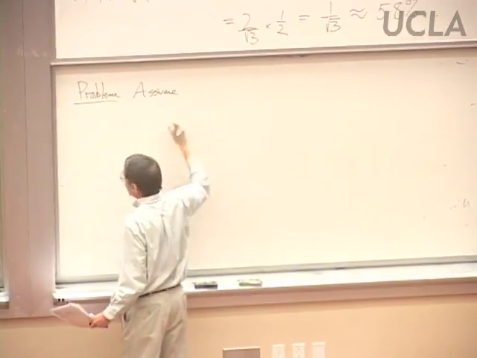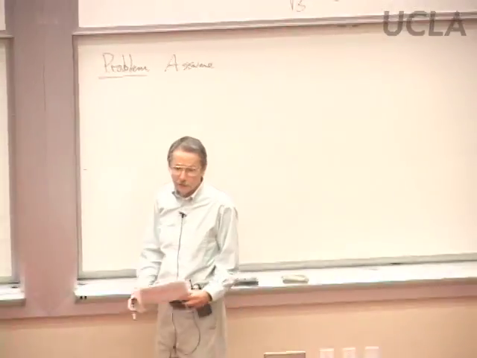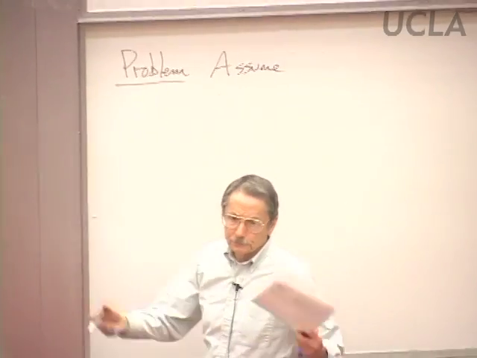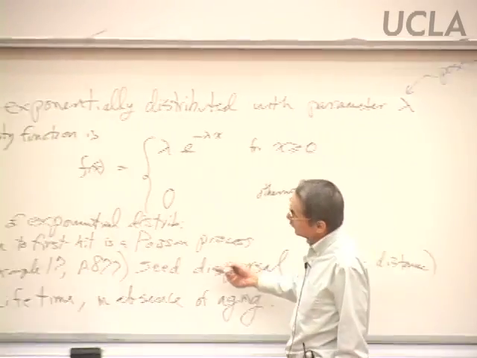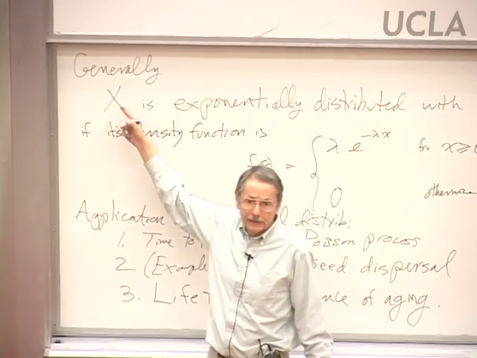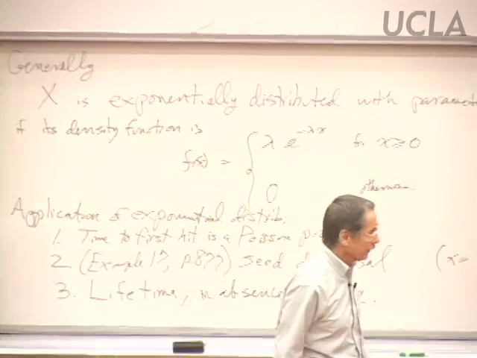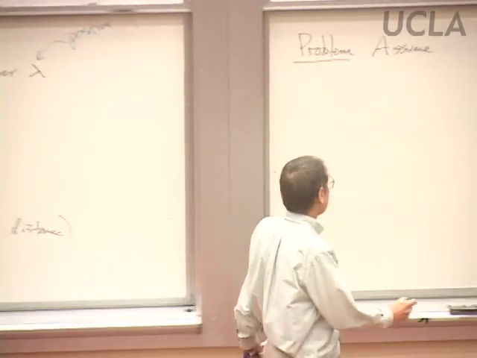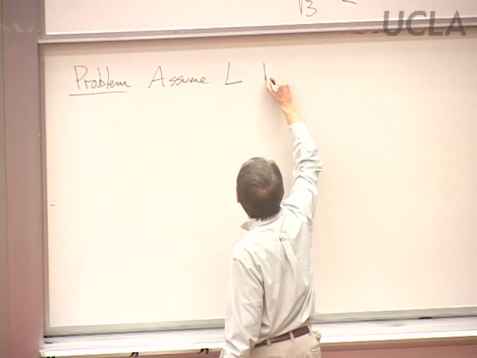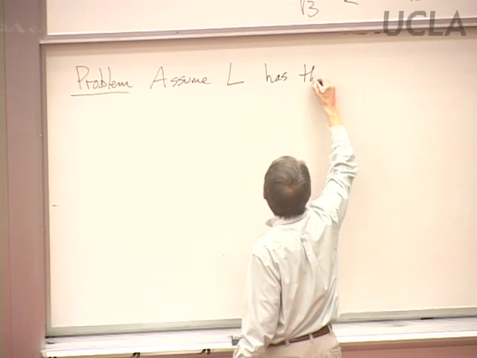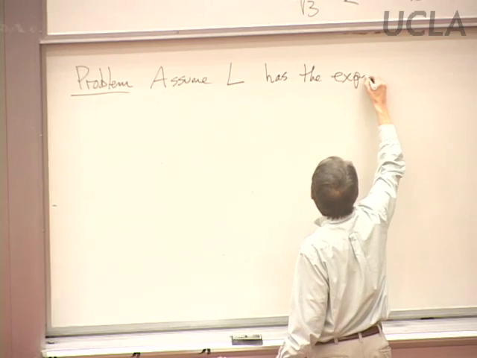Okay, so for the exponential distribution, I'm going to call the random variable L instead of X, so again, we'll think of it as being like a lifetime, but it's just a random variable with the exponential distribution.